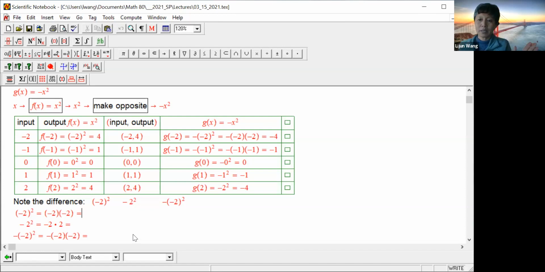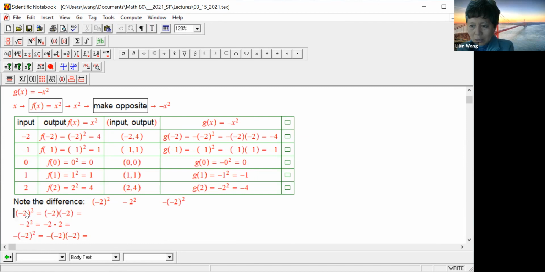The bottom line is that whenever you have parentheses, you have to do the parentheses first. If the base doesn't have parentheses, the power is only given to the immediate base, it doesn't include the negative sign.